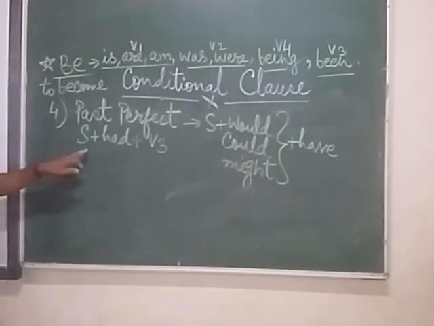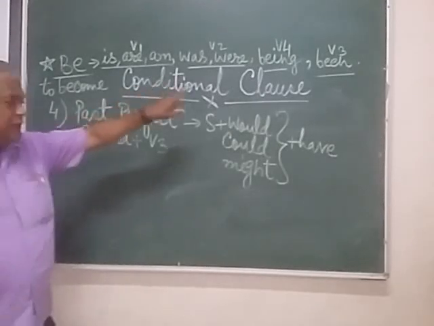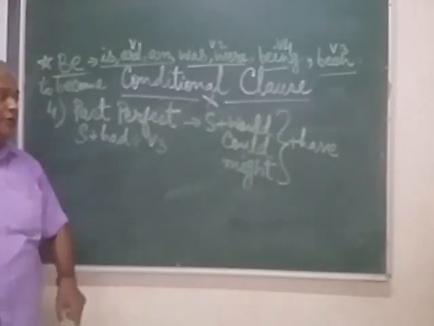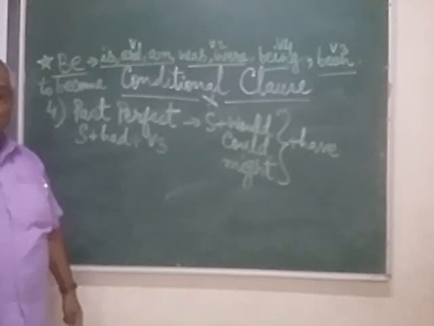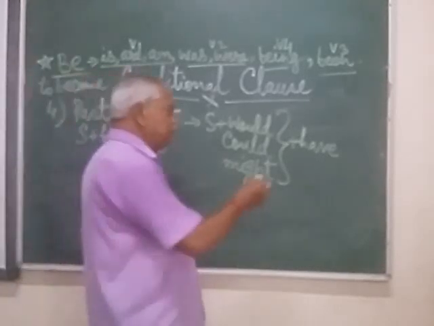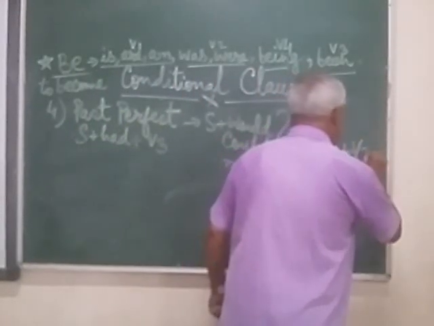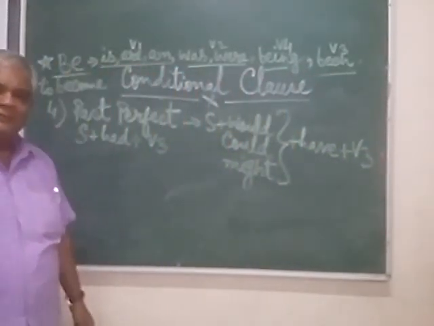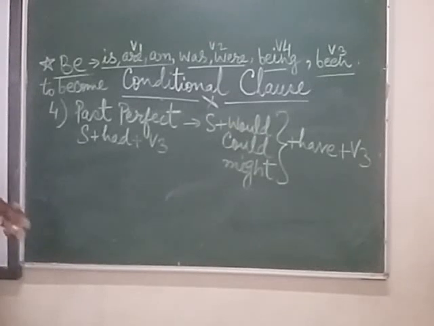If we use past perfect, then after using the models, the word have can be written. No has, only have should be written. And afterwards, that is V3. So one sentence can be formed over here.